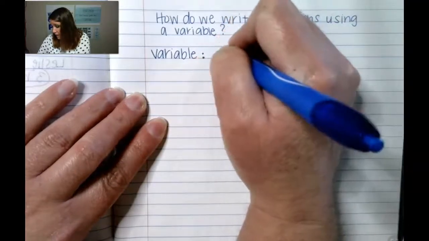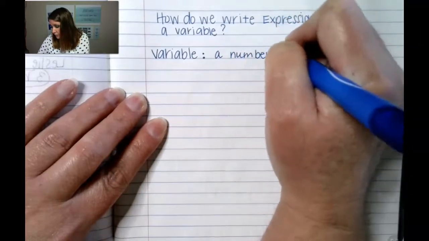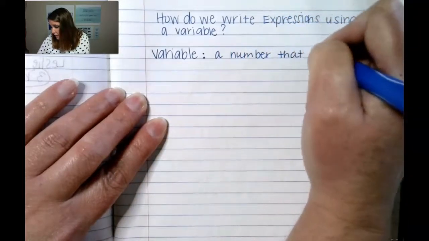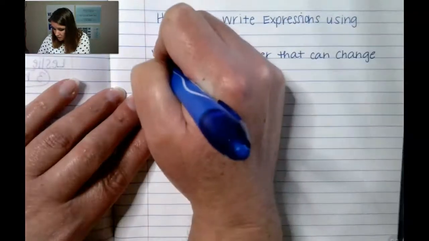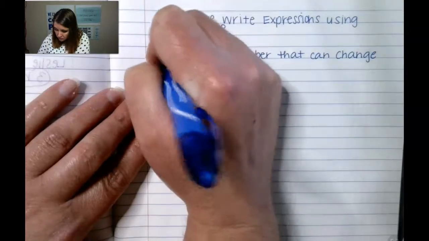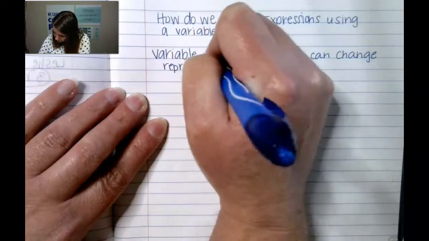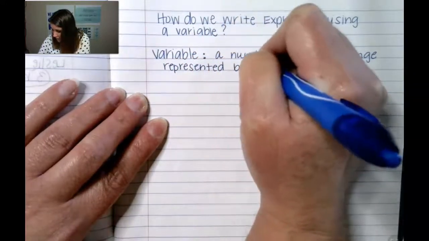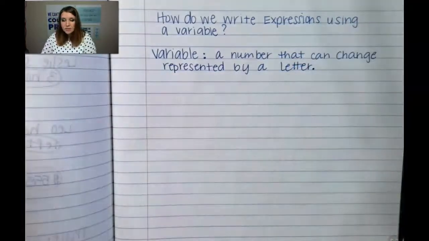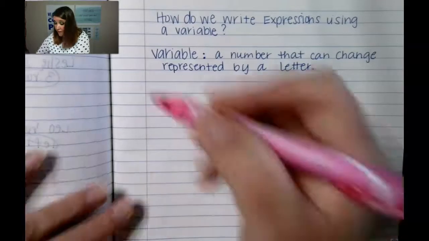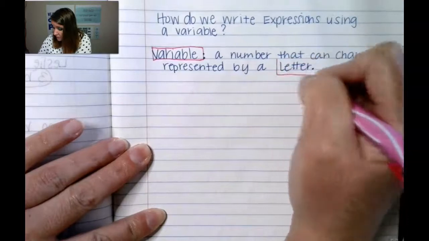So it's a number that can change, and it's represented by a letter. All right, so we use a letter for a variable. So it's a number that's going to change, and we use a letter.